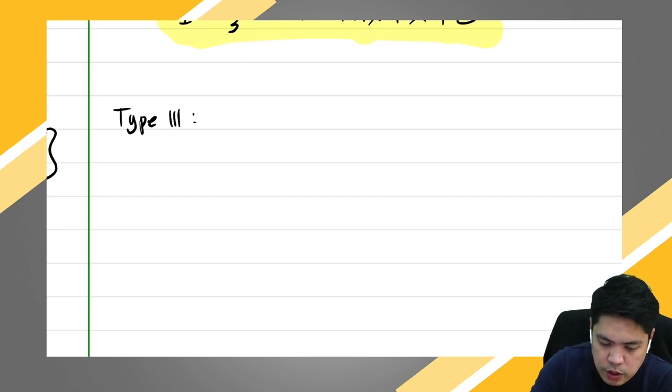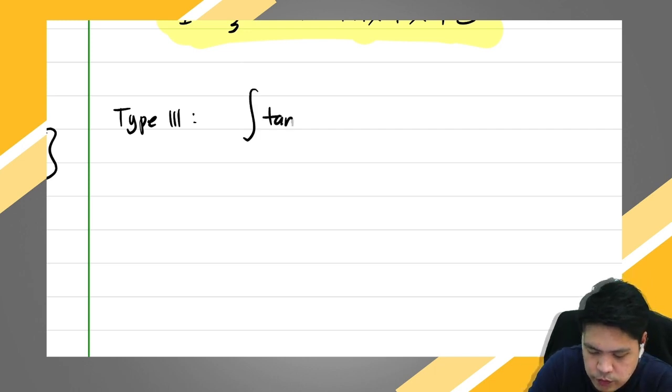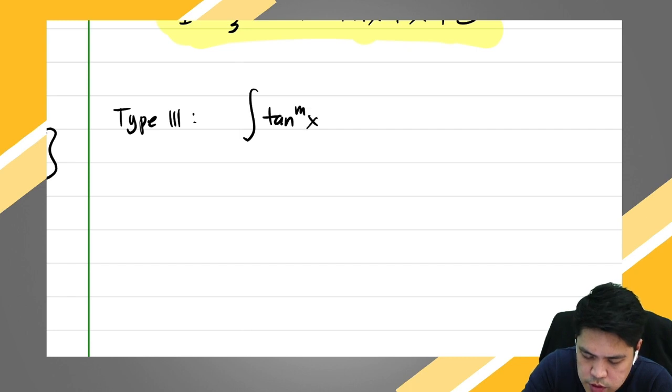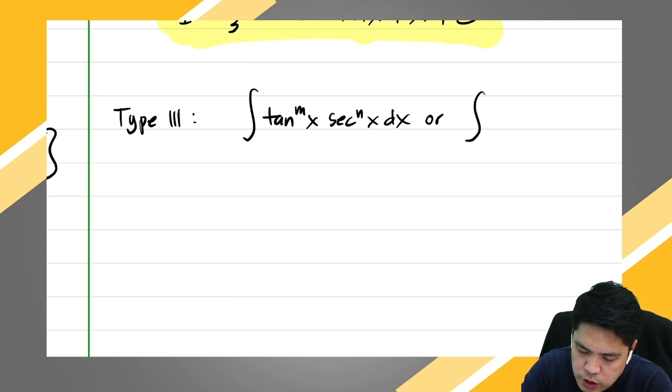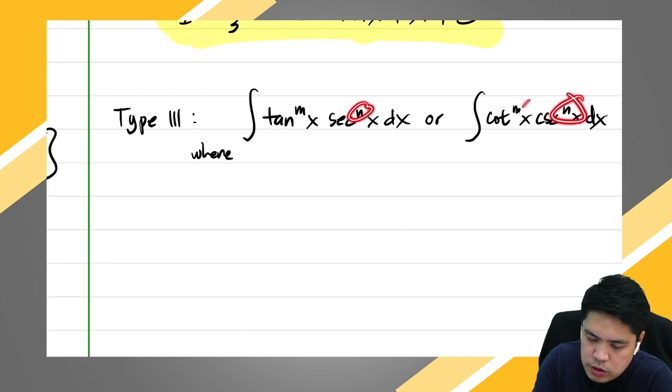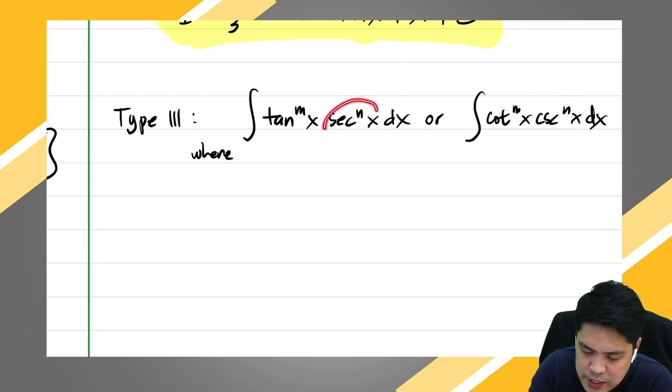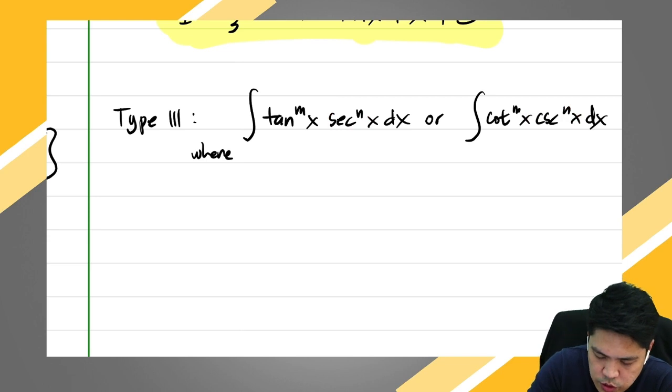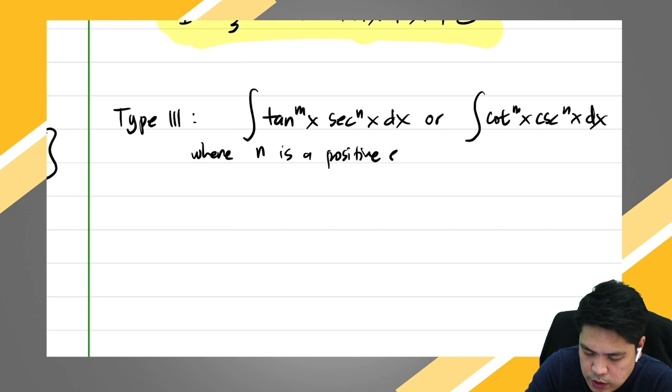Okay, let's proceed to type 3. For type 3, if we have the integral of tangent raised to m x secant raised to n x dx, or if we have cotangent raised to mx cosecant raised to nx dx, we will consider n, or the exponent of secant or of cosecant, where n is a positive even integer.